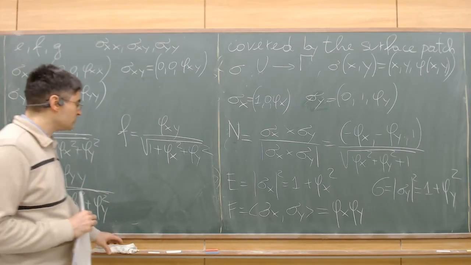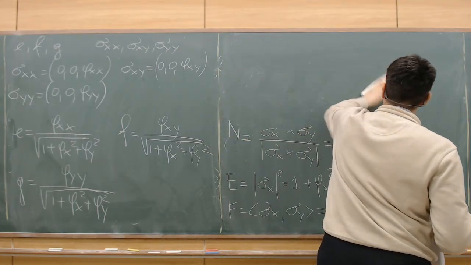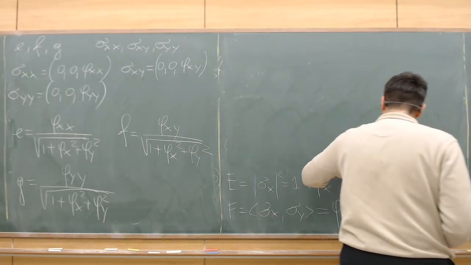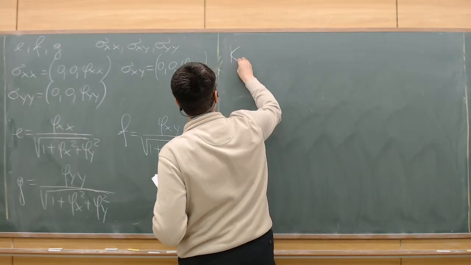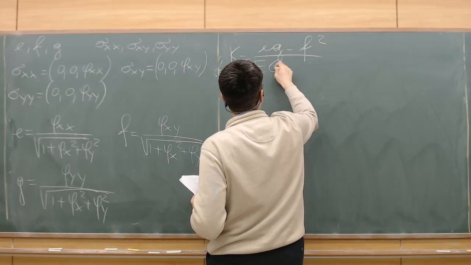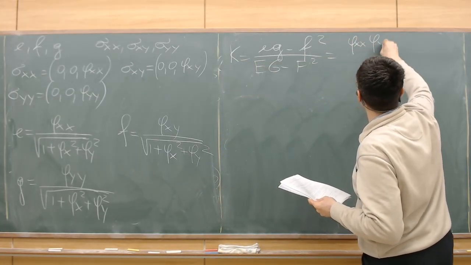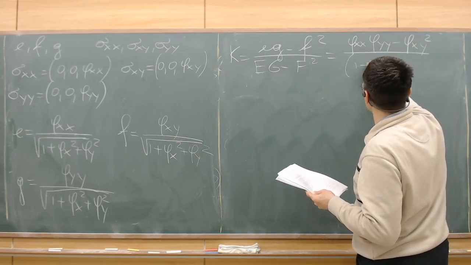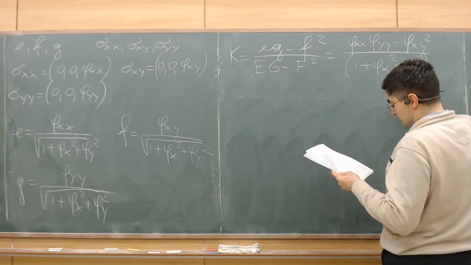And now if you use the formula for the Gauss curvature, you will find that this is equal to phi xx phi yy minus phi xy squared divided by 1 plus phi x squared plus phi y squared to the power 2.